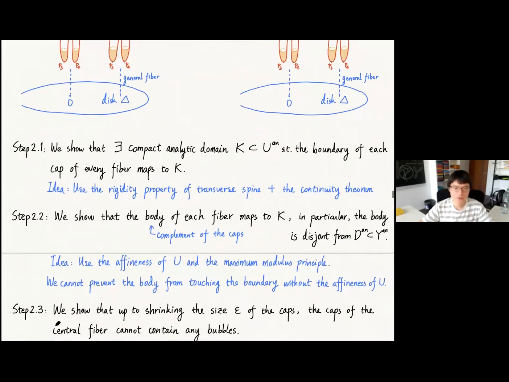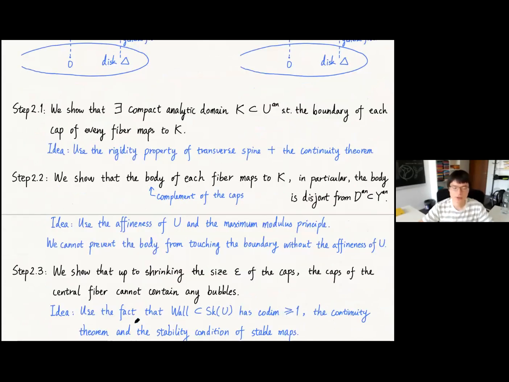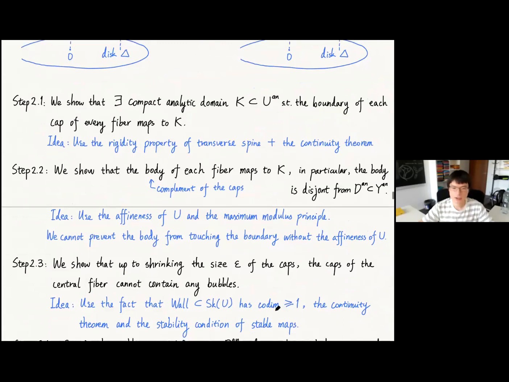Step 2.3, we show that, up to shrinking the size epsilon of the caps, the central fiber cannot contain any bubbles in the caps. For this, we need to use the fact that the set of walls has codimension greater or equal to 1, and we use the continuity theorem and also the stability condition of stable maps.